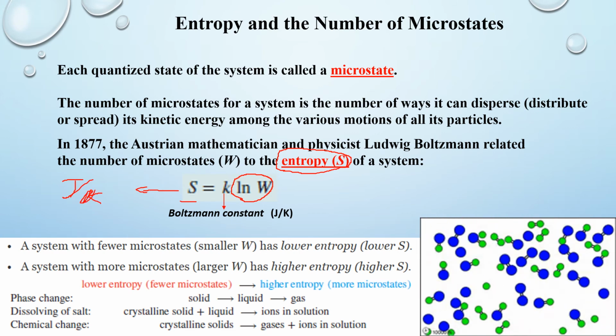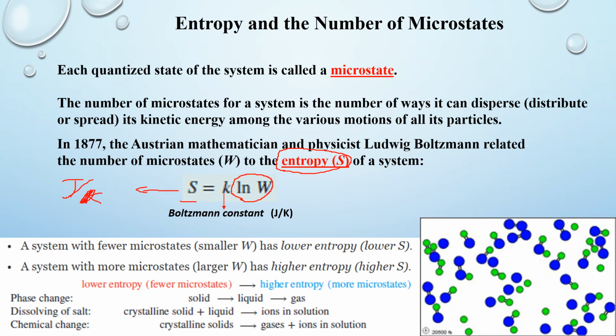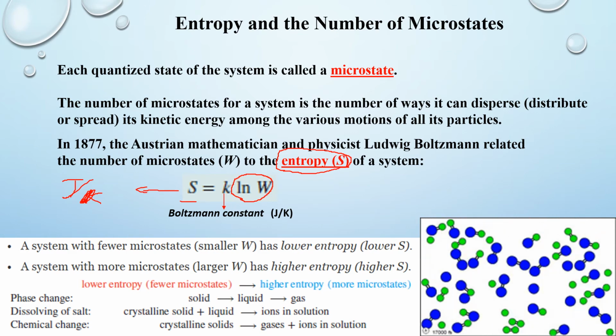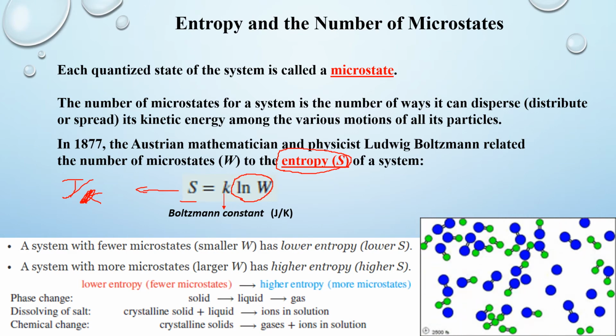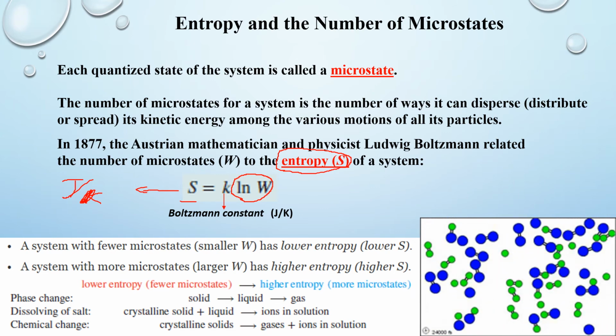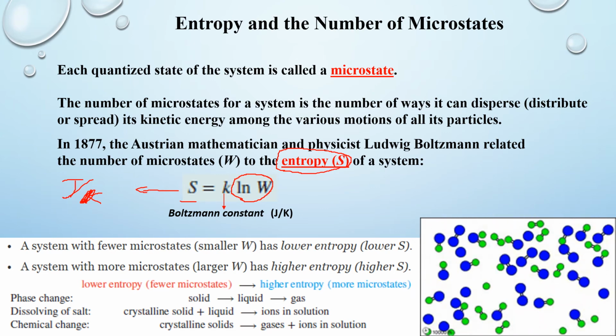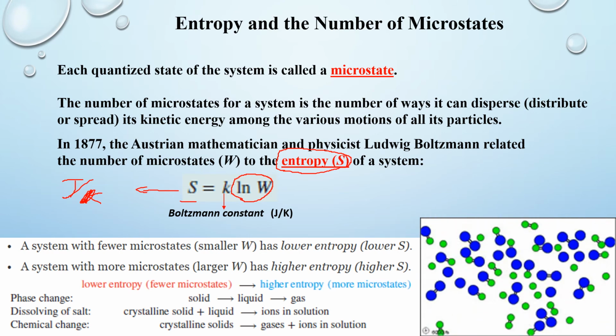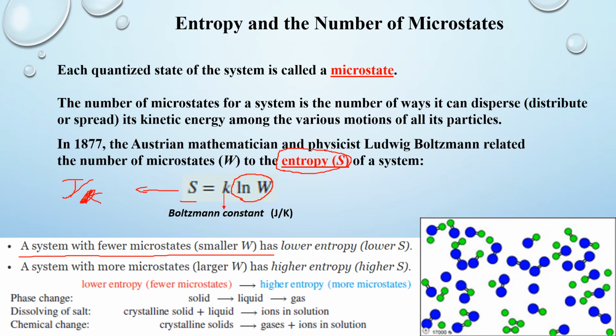This number of microstates can be affected by a lot of things. At the end of this lecture, we're going to compare different systems with different entropies. But right now, what we need to know is that the more microstates possible, the higher the entropy. If a system has fewer microstates, it has a lower entropy.